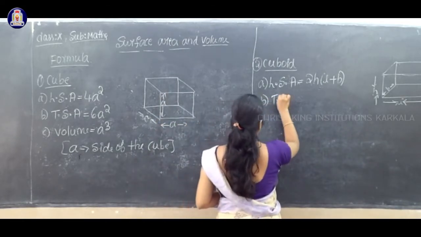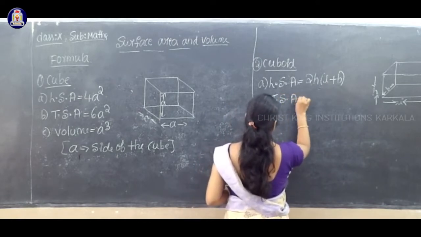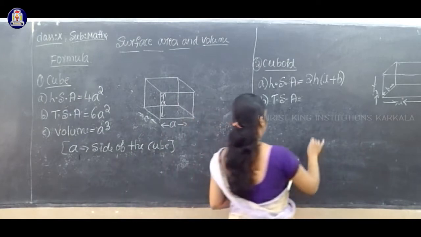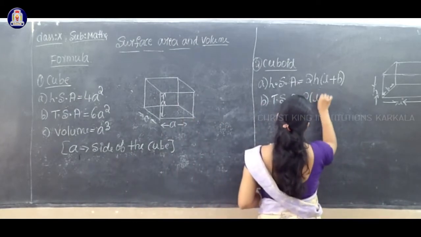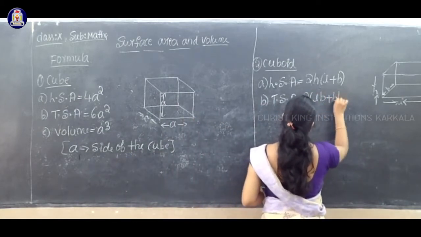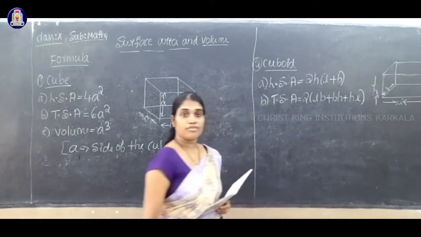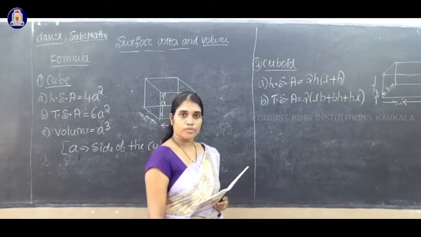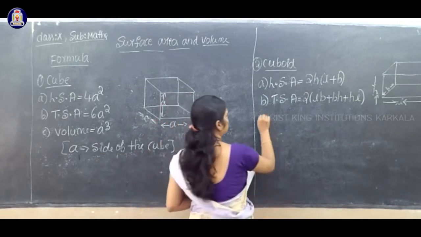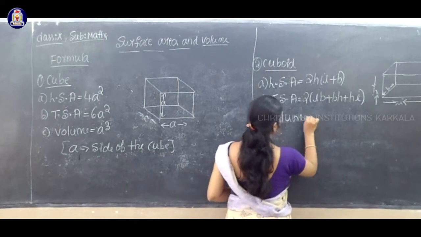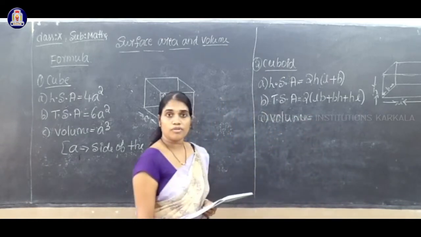Next one is TSA. TSA means total surface area. What is the formula? 2 into LB plus BH plus HL. This is the formula for TSA of the cuboid. Next, third one is volume. What is the formula we use to find the volume of a cuboid?